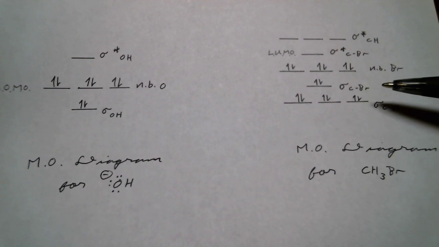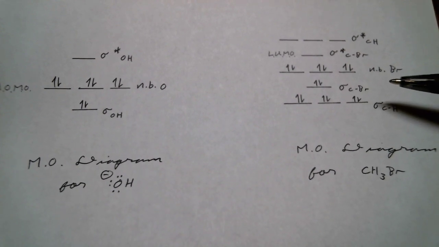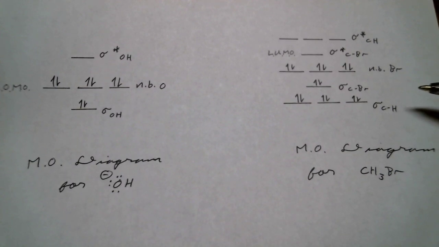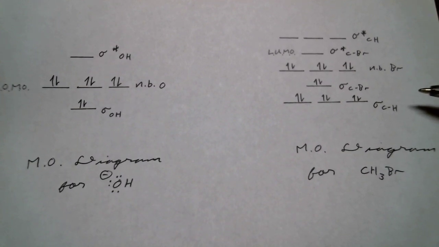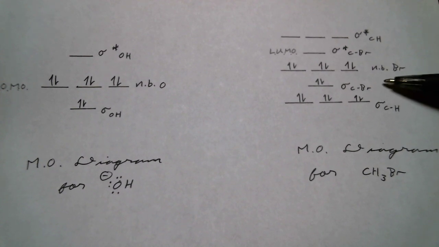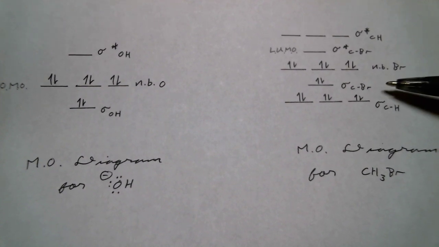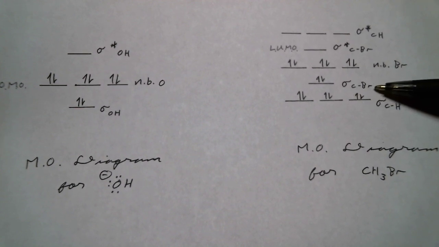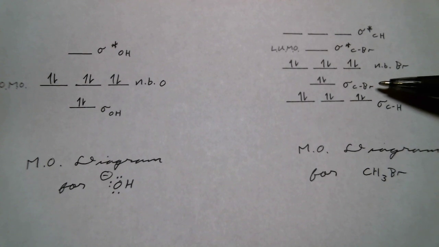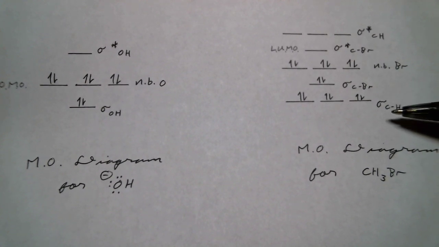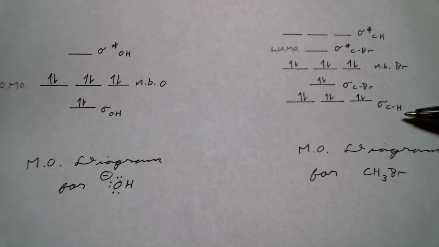Well, it comes in the periodic table after chlorine, which is after fluorine. Fluorine, we're filling 2p's. Chlorine, we would fill 3p's. So the bromine would use a 4p atomic orbital, and so a carbon sp3 hybrid overlapping with a 4p orbital is a very high energy combination compared to an sp3-1s combination.